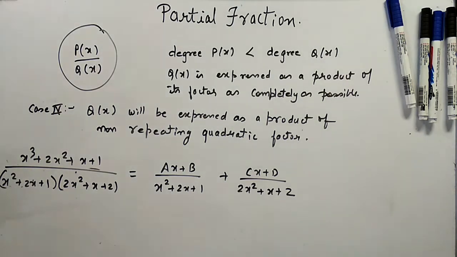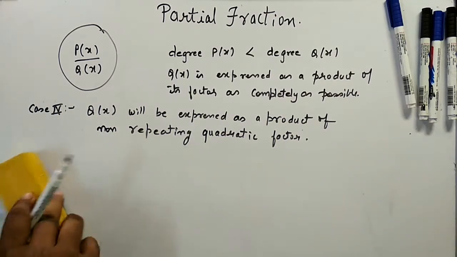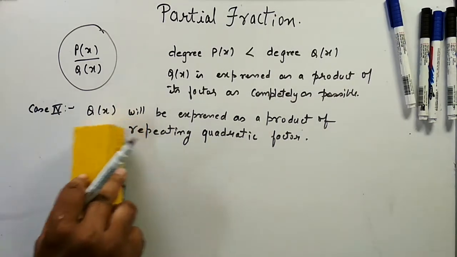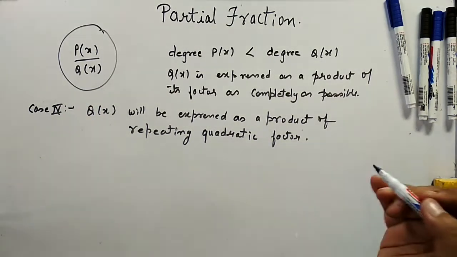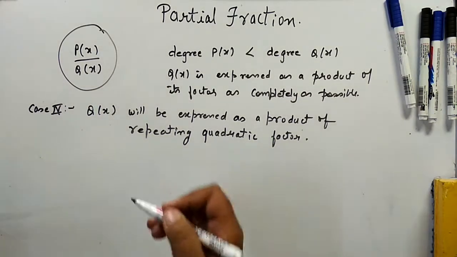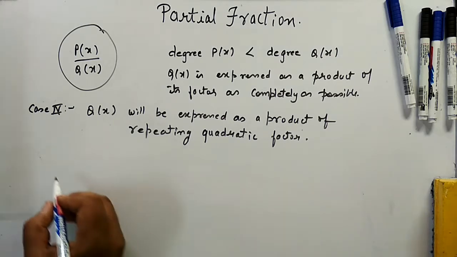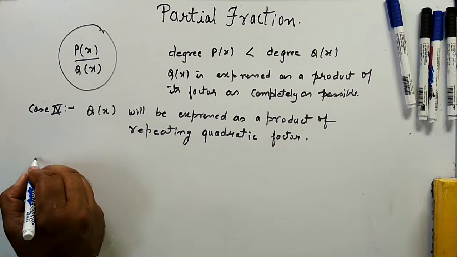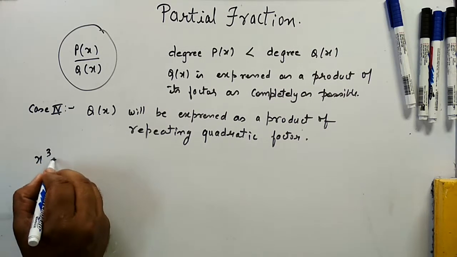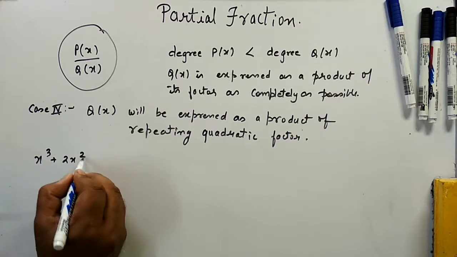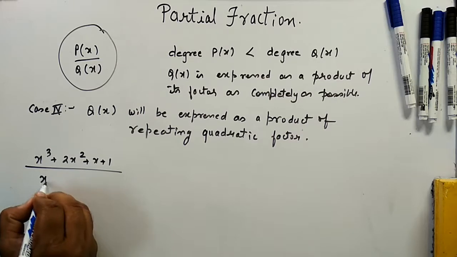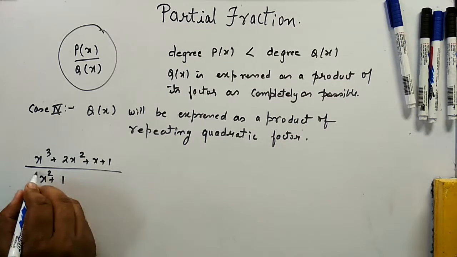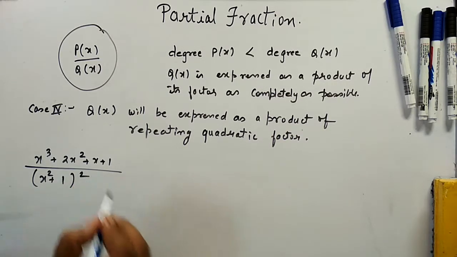Okay, now taking the fifth type, q of x will be expressed as the product of repeating quadratic factors, that is, x cube plus 2x square plus x plus 1 upon x square plus 1 whole square.